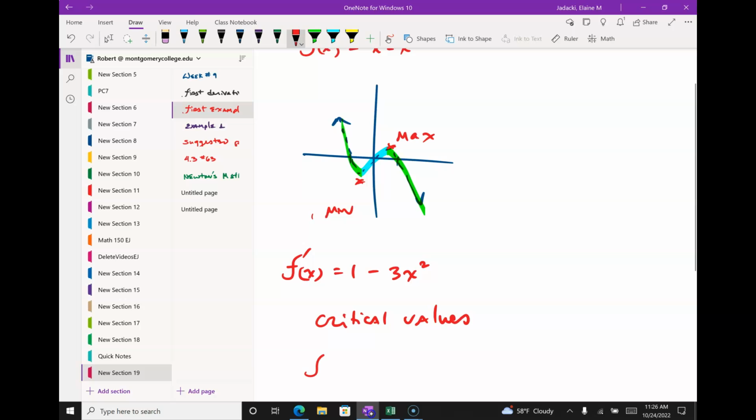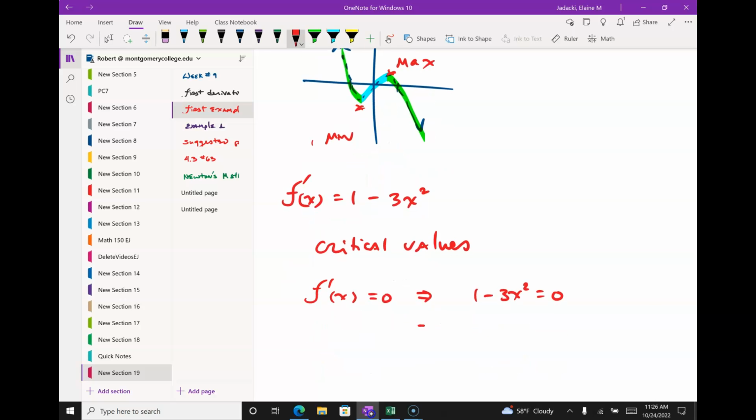F prime of x equals 0 implies that 1 minus 3x squared equals 0. That gives me what? x squared is 1/3, or x equals plus or minus square root of 1/3, or square root of 3 over 3. Either one is fine.